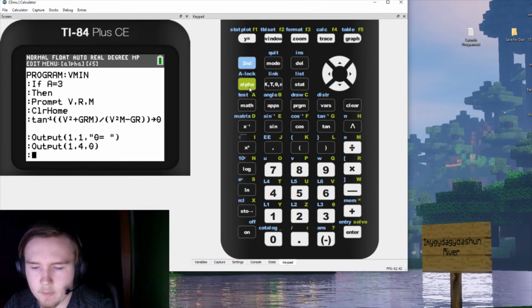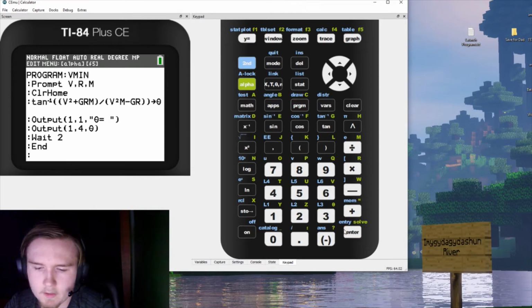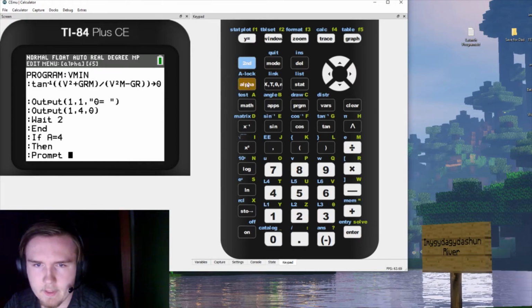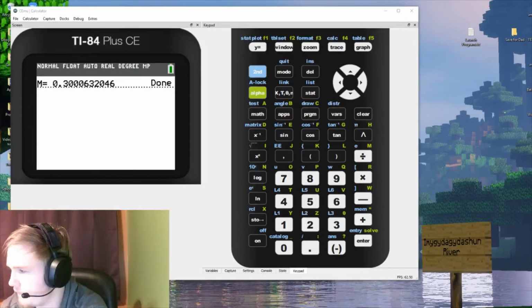Now moving forward, we're going to say wait 2 and end, or again, pause and end if you're on a non-color. And then if A equals 4, then prompt V, R, and theta. You're going to go program, write 8 for clear home.